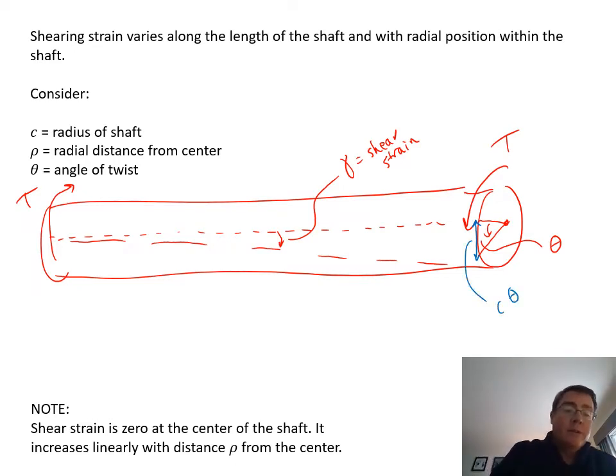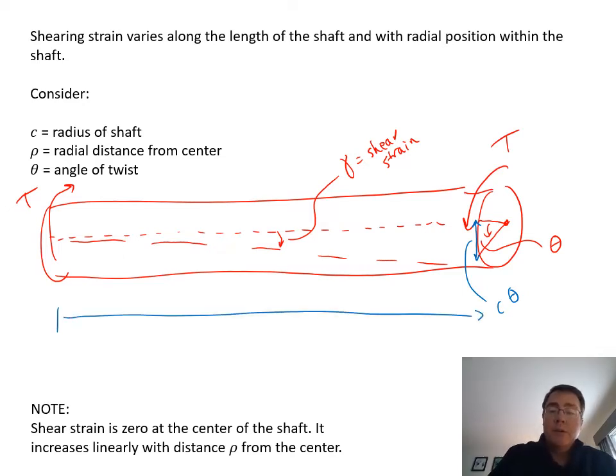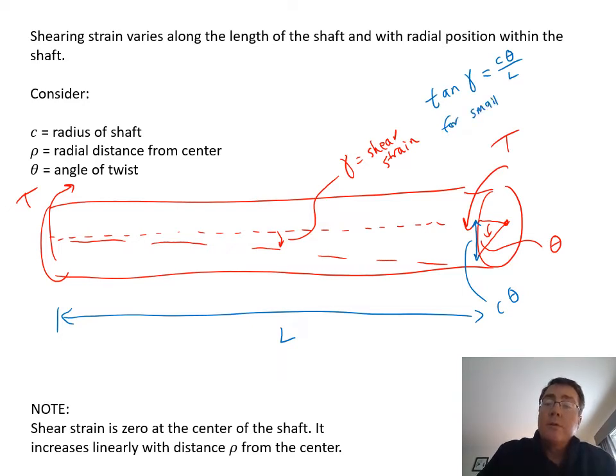And if the length of this whole thing is L, then I can say that my shear strain, I should say the tangent of gamma, is going to be c theta over L. All right? For small angles, we can say gamma is just equal to c theta over L.